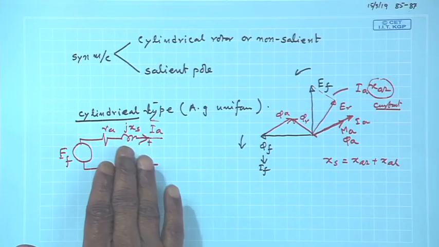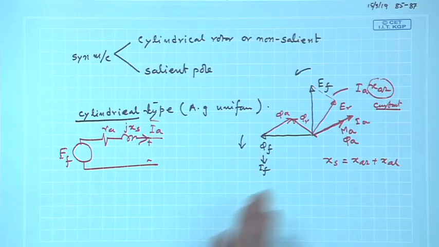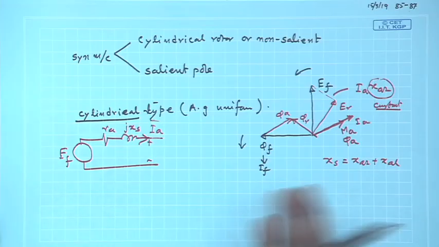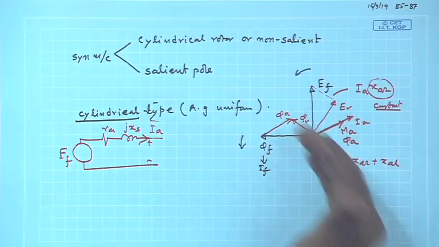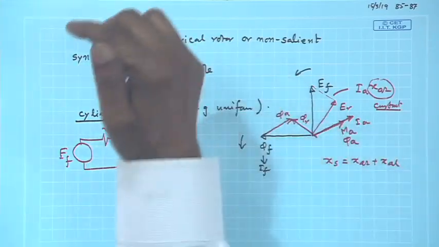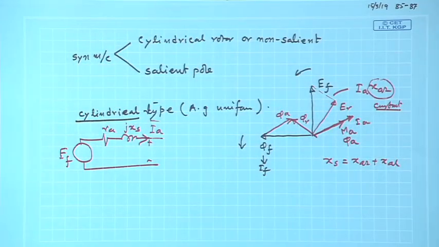Now, why can one reactance do? Because the direction of M A is decided by the power factor angle at which the machine is operating. It could be anywhere, here, or leading power factor, it will be there, and so on.